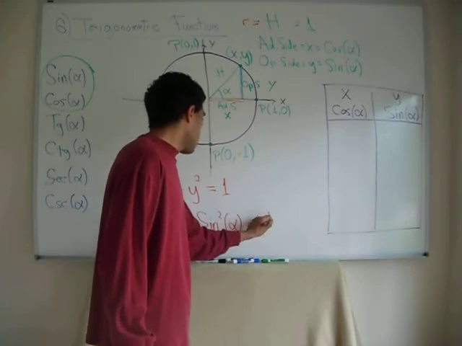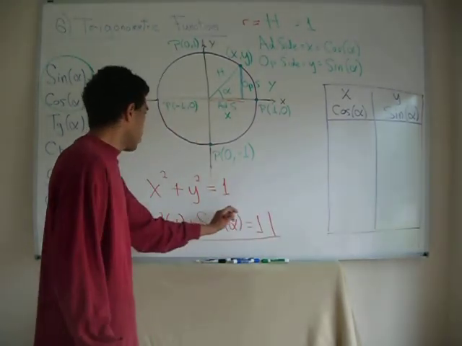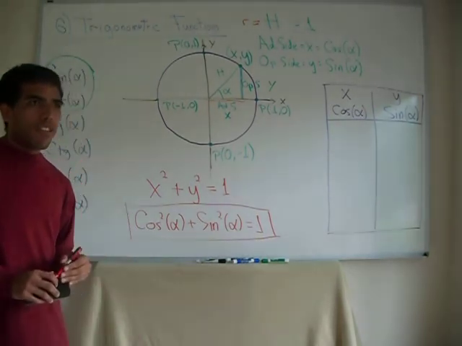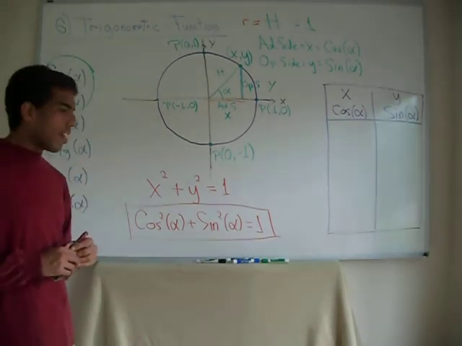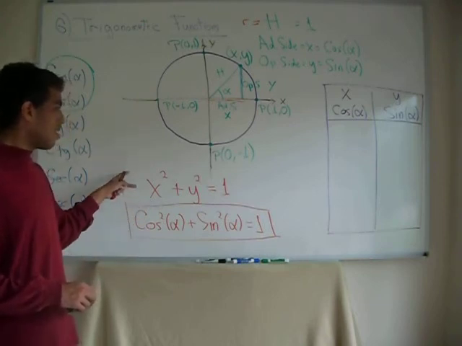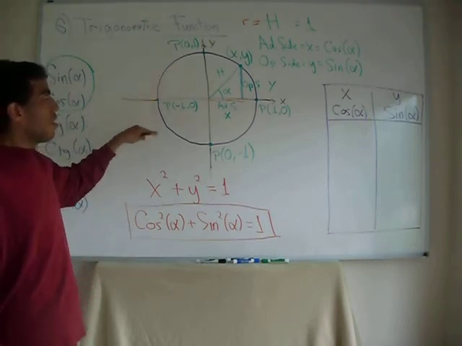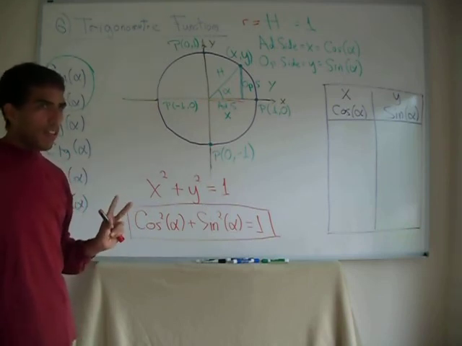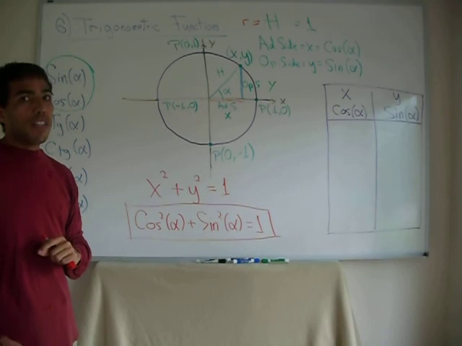Have you ever seen this expression before? This is the fundamental identity of trigonometric functions. That's where it comes from. It's just the simple definition of a circle, and the circle is called a trigonometric circle. First step, understood? Okay, now let's move on to the next part.